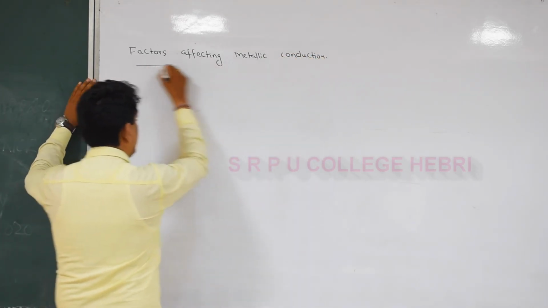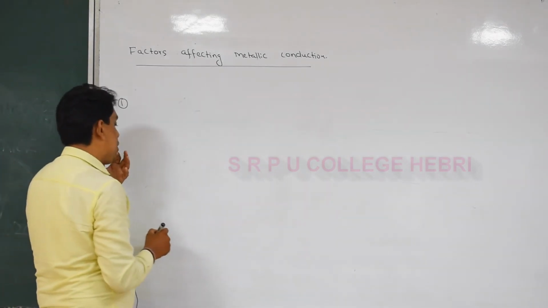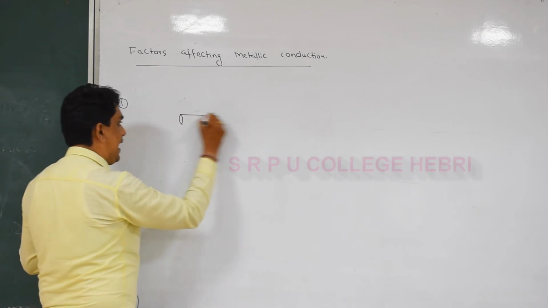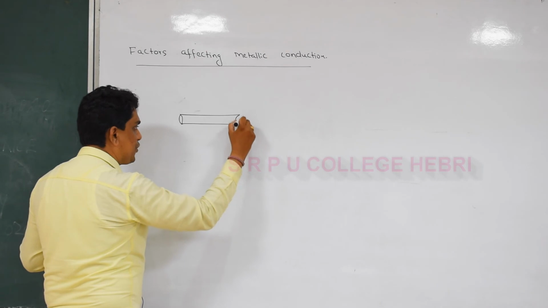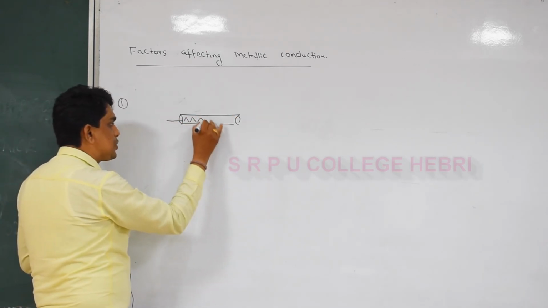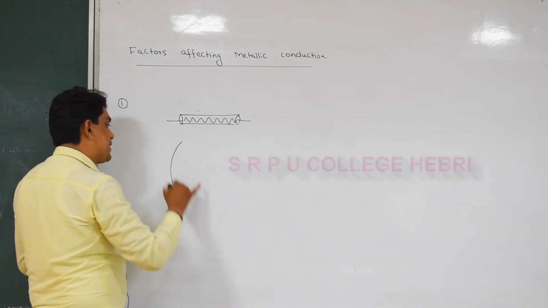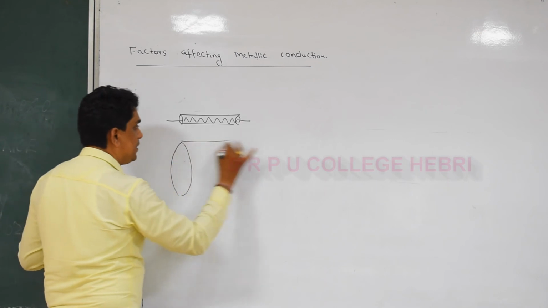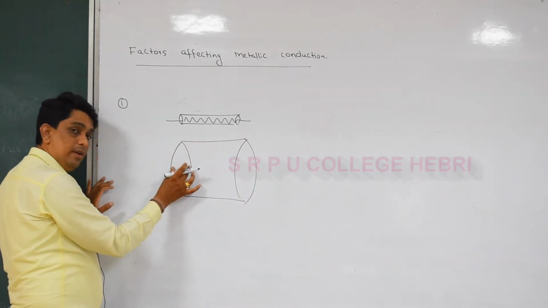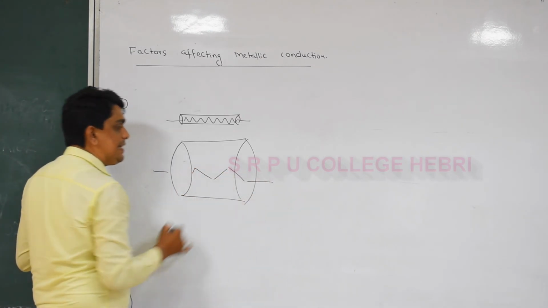The first factor, please see this, I'm talking about the material. Assume a material having a smaller area of cross section; you know that the resistance to the flow here is more. Now if you consider a material where the area of cross section is more, that means the resistance to the flow is less.